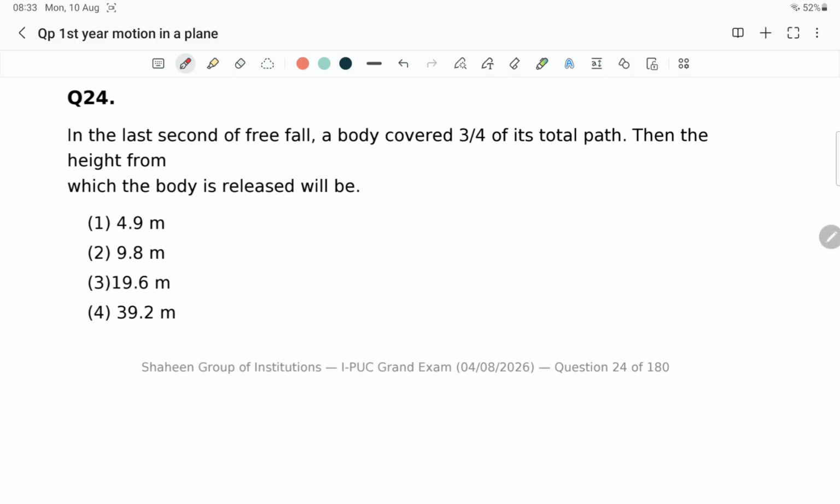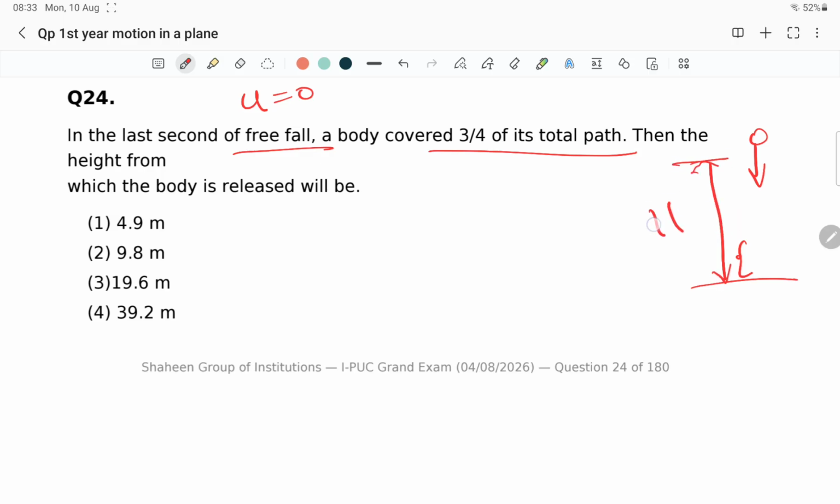Read the question. In the last second of free fall, u equals 0. A body covered 3/4 of its total path in the last second. Then the height from which the body is released is? The body is released, and in the last second of free fall, the last second is here.